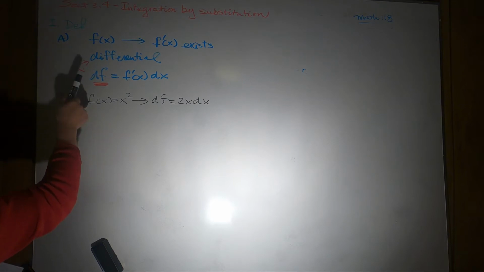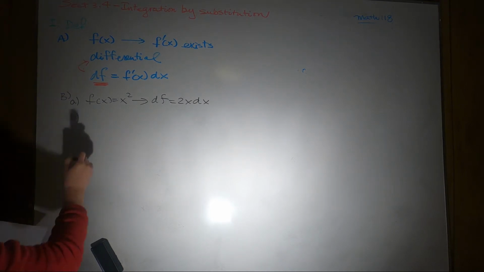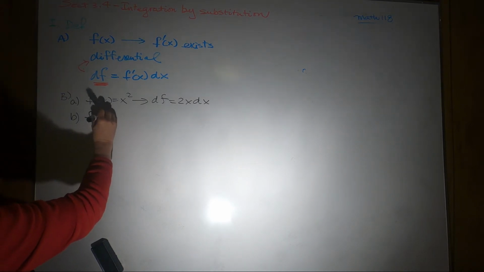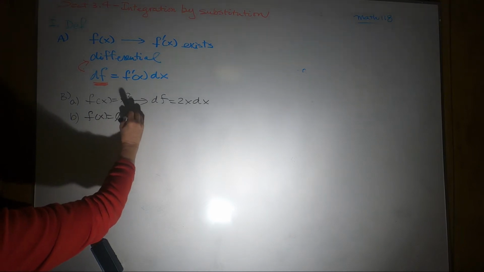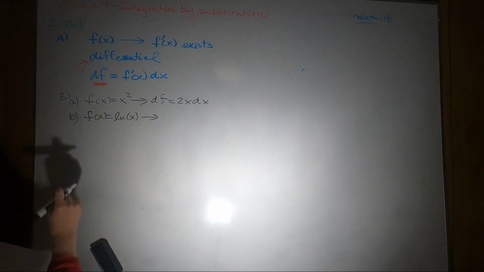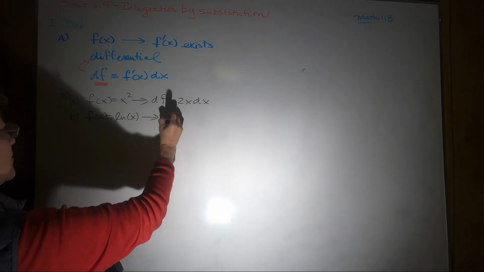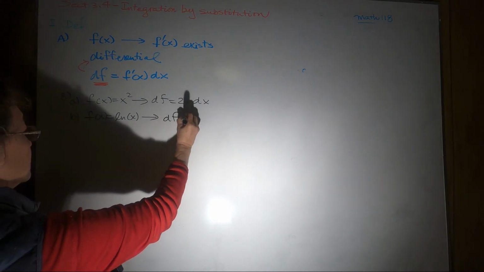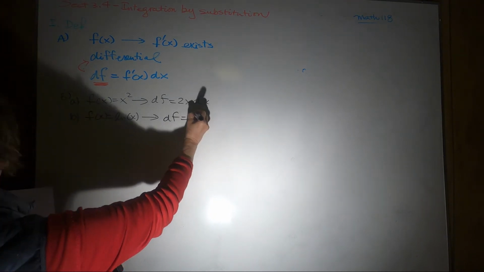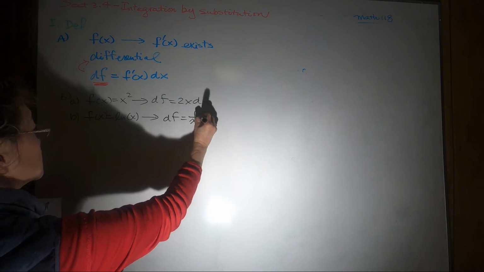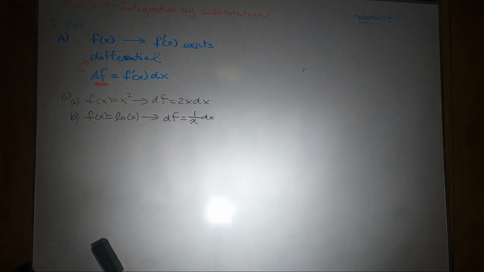We are practicing the symbols. If f of x is log x, then df, the derivative of the log, would be 1 over x dx.